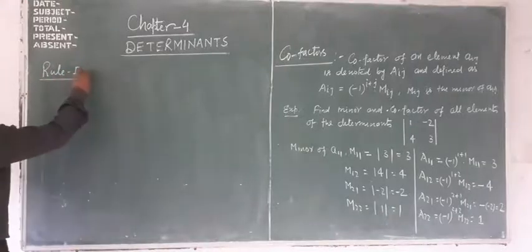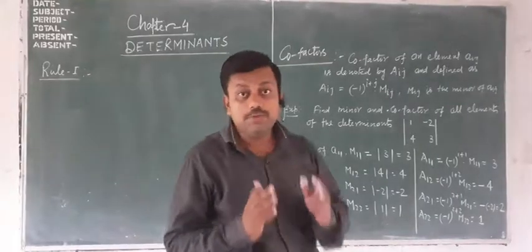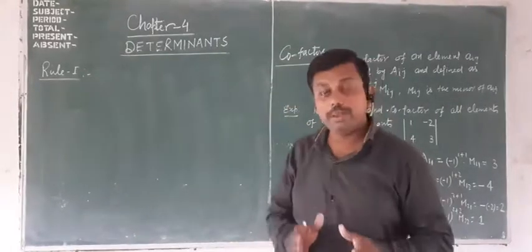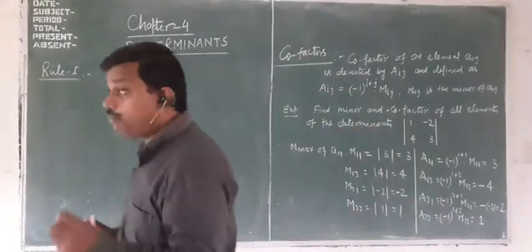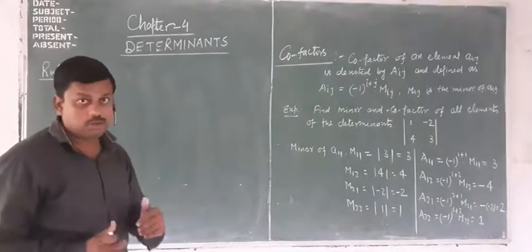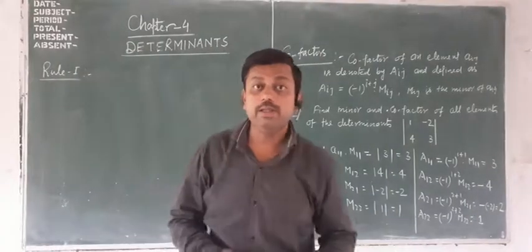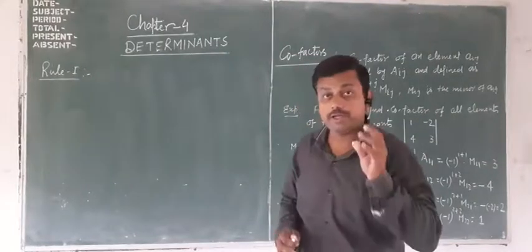What is rule 1? Rule 1 is that if each element of a row or column is multiplied by the cofactors of the same element, then their sum gives the value of the determinant.